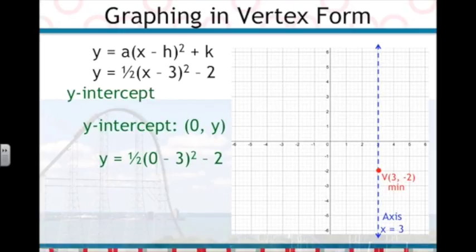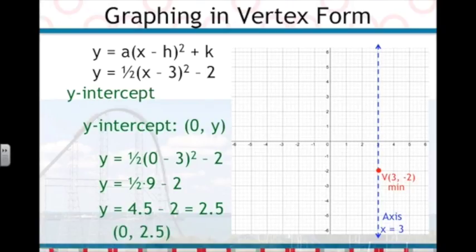As we simplify this to solve for y, we have 0 minus 3, which is negative 3. Negative 3 squared is a positive 9, giving us y equal to 1/2 times 9 minus 2. 1/2 of 9 is 4.5, so now we have 4.5 minus 2, which is 2.5, giving us the point 0, 2.5 as the y-intercept. So we plot that point on the graph.